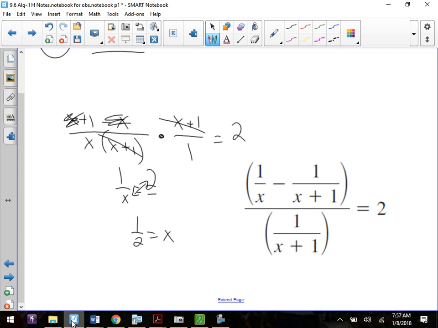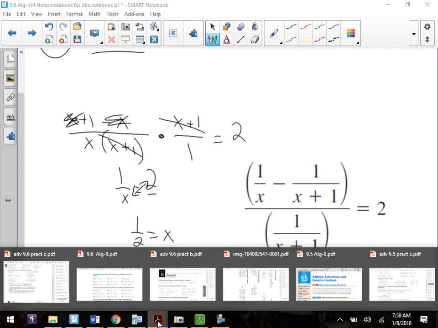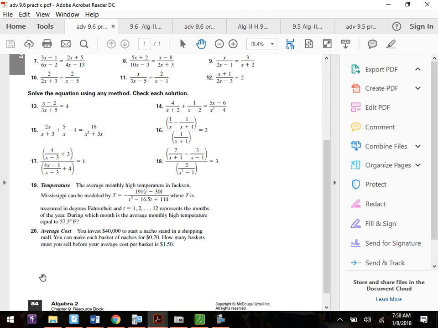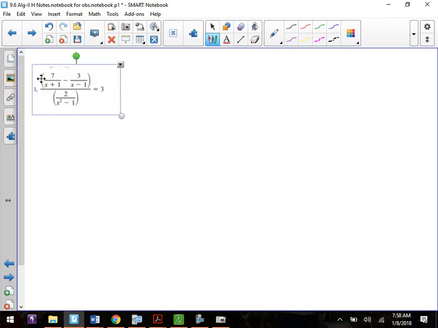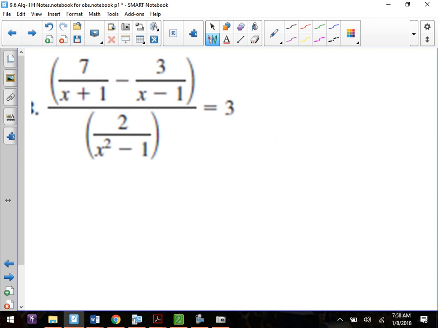Now, what happens if, I think I have it open still. Do you think you could probably figure out the answer to this using the calculator? All right. Try it. Throw that in your calculator.